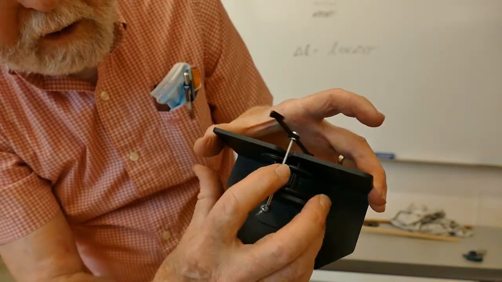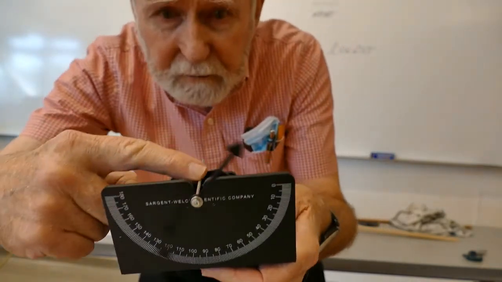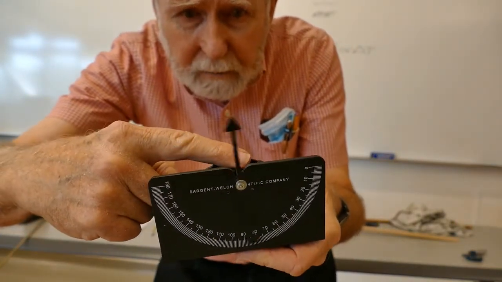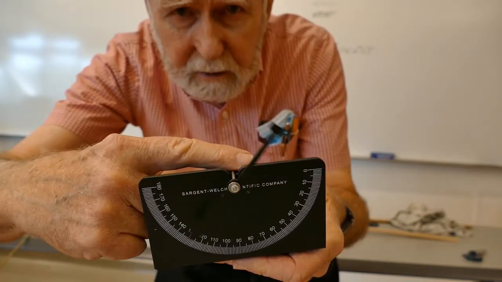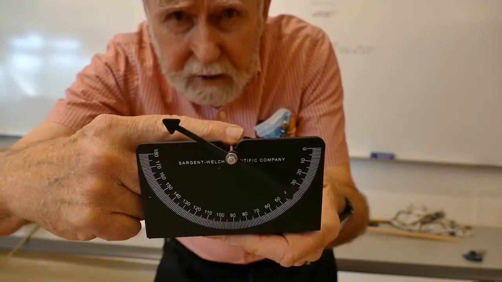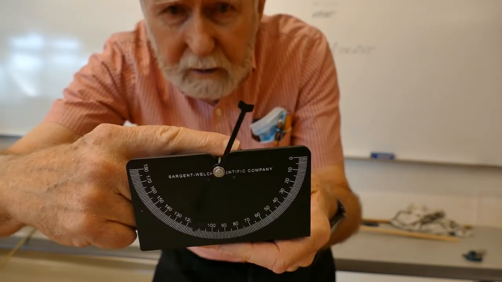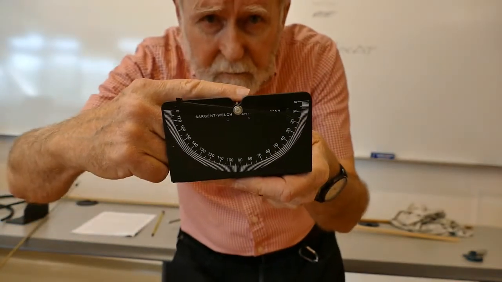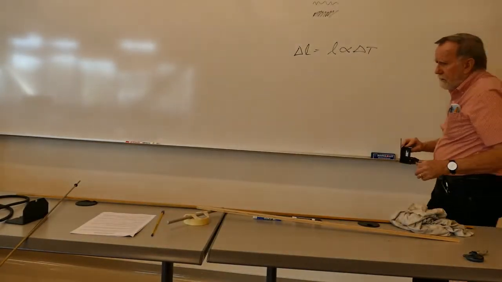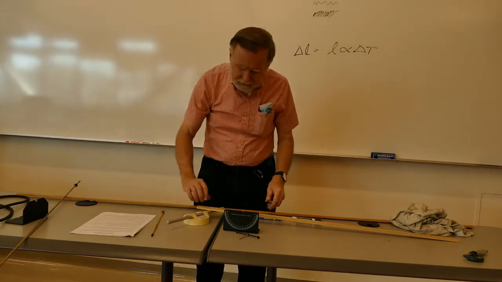You can see that as I roll my finger over the axle, the little arrow responds very sensitively because the axle is narrow. So a slight motion of my finger results in a large motion of the little arrow. And you can see it's pointing to different angles in the protractor. So that amplifies the tiny expansion of the rod so I can measure it.